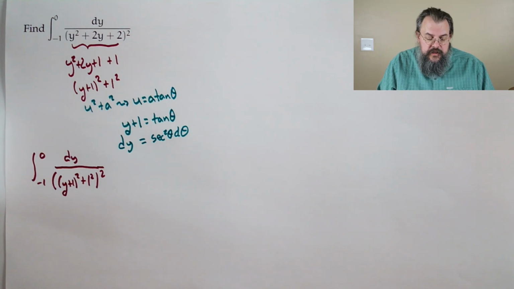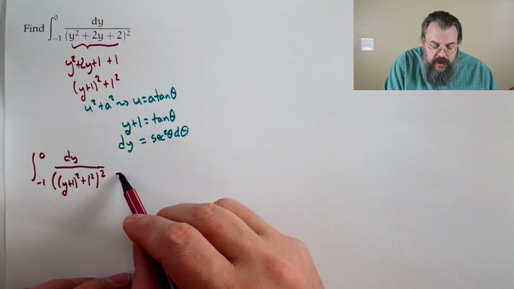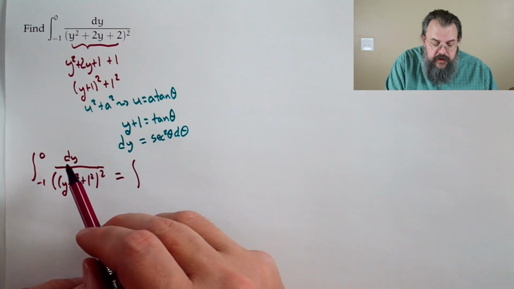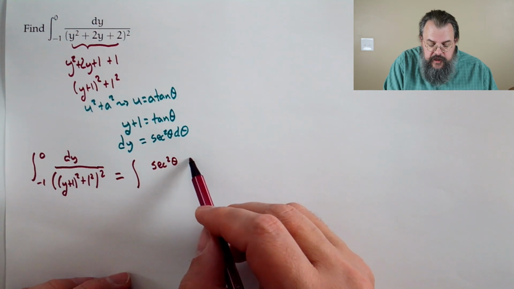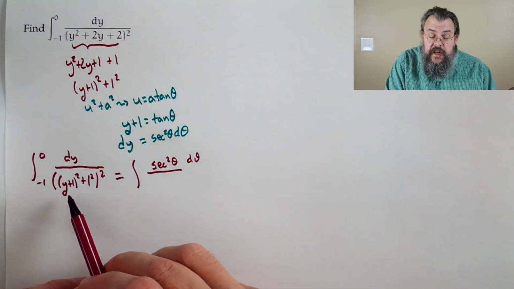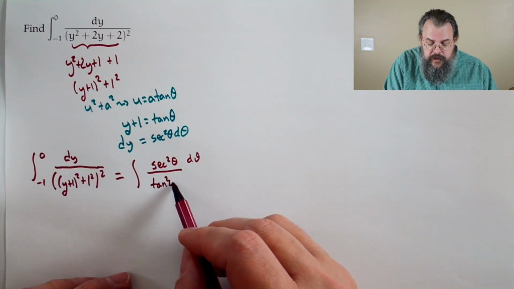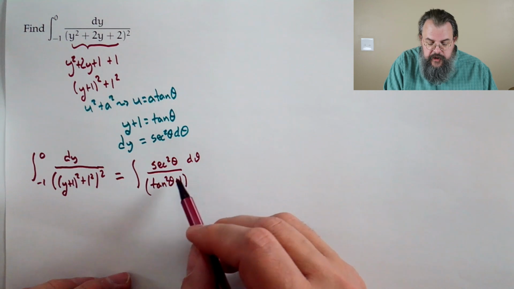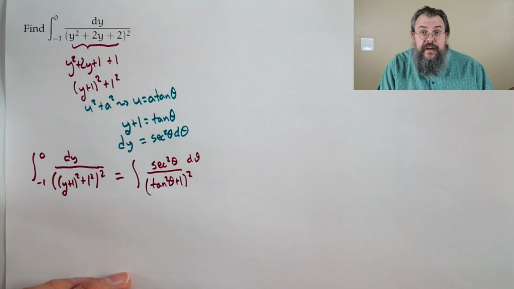All right, so what do we have here? Well, this will become the integral, dy is secant squared theta d theta. Downstairs, we're going to have tangent squared plus 1, squared. All right, and we'll clean that up in a second.